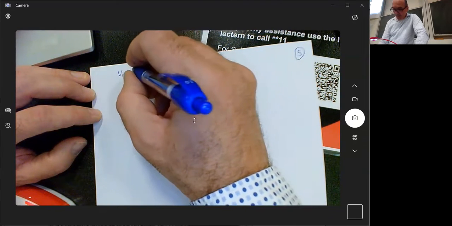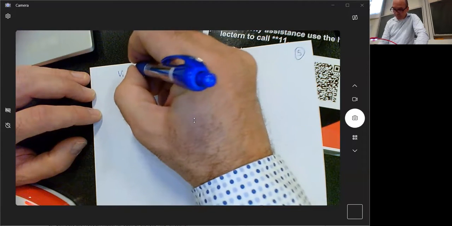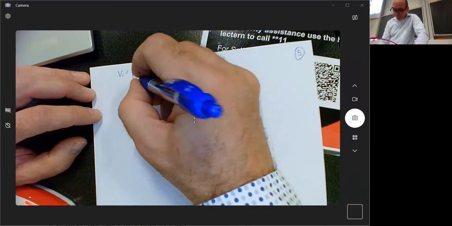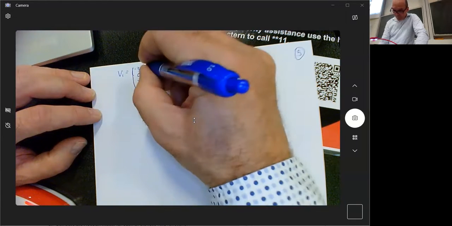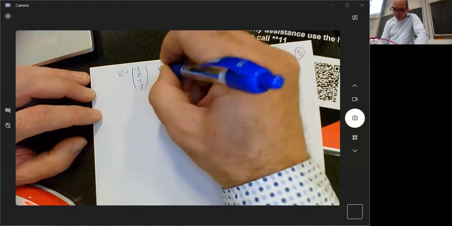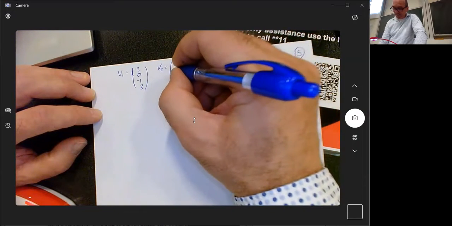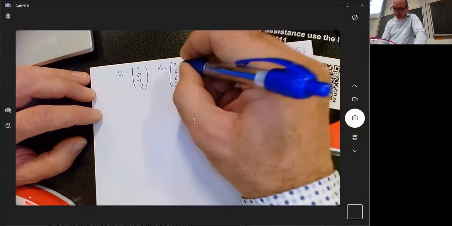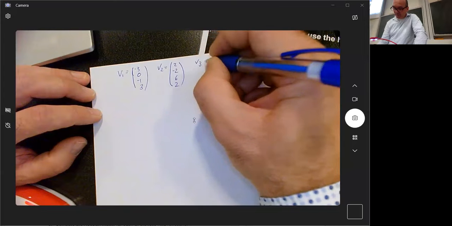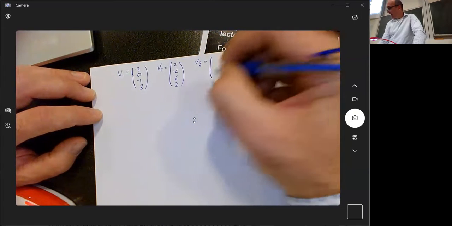So I'm going to write them as columns. The problem with doing this sort of thing is I don't know whether I'm going to get something that's going to work out nicely for what I want to do, but I'm going to give it a go.